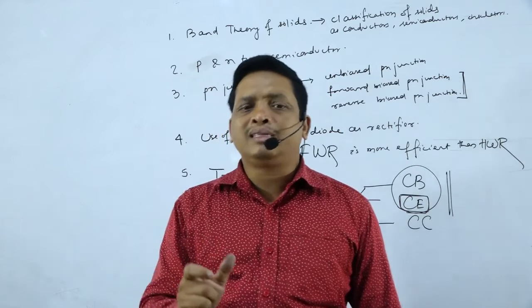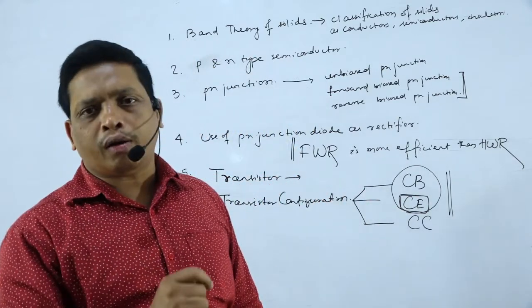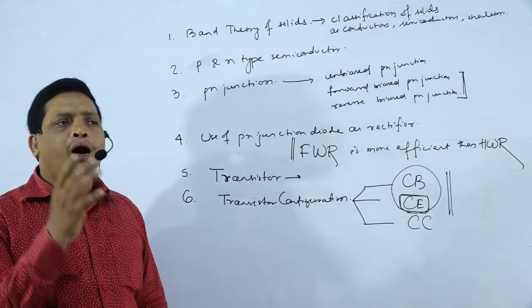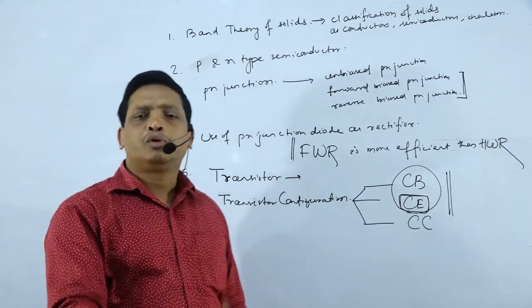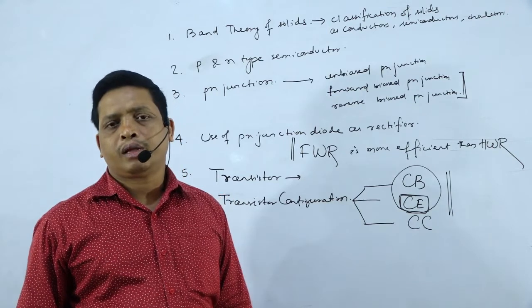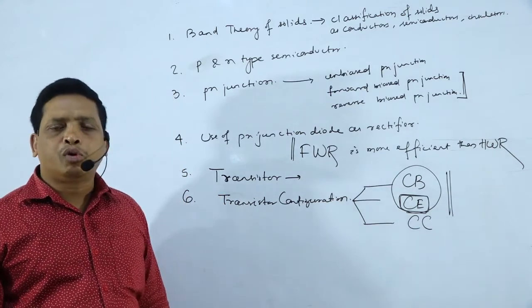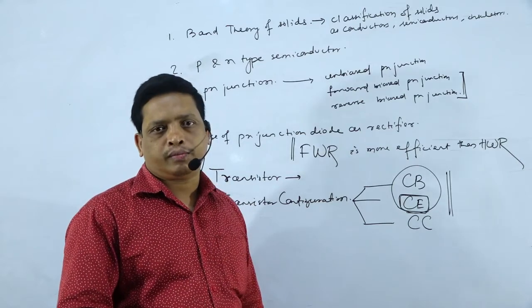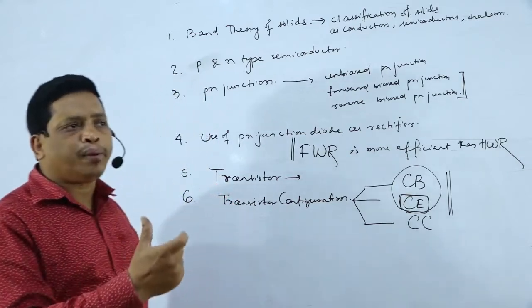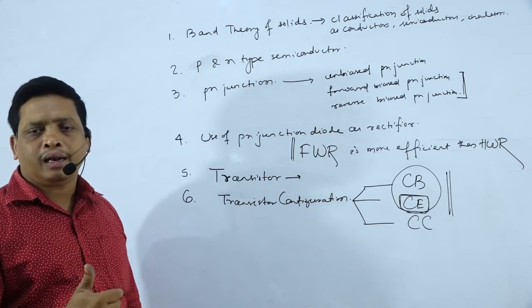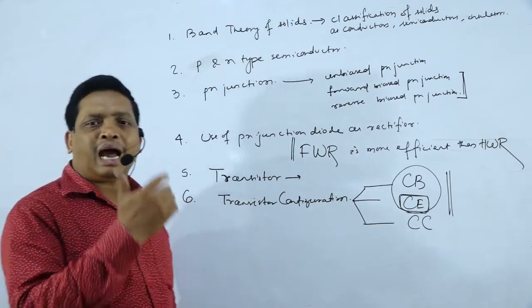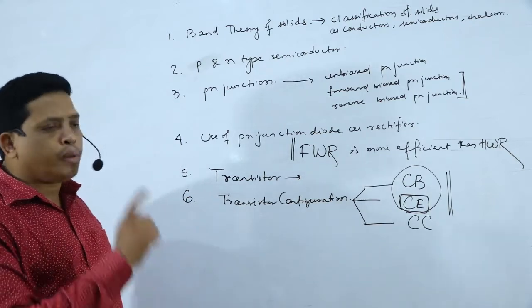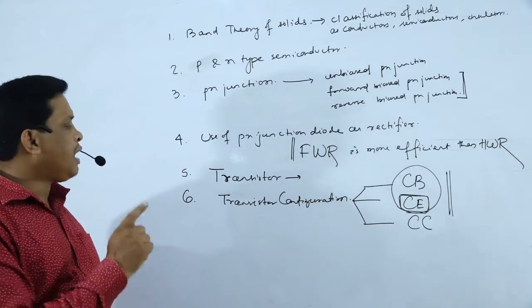Weak signal means its amplitude is very small, intensity is small, so it cannot be heard or it cannot be reproduced to a longer distance. So for that purpose, we have to increase its amplitude, and that process of increasing the amplitude of a weak signal is known as amplification, and the device is known as an amplifier. So the basic function of the transistor is as an amplifier.